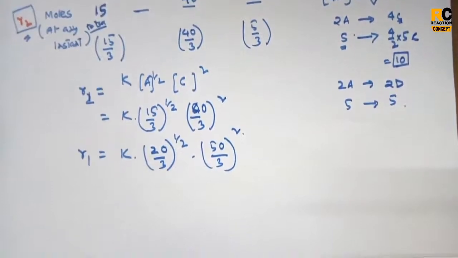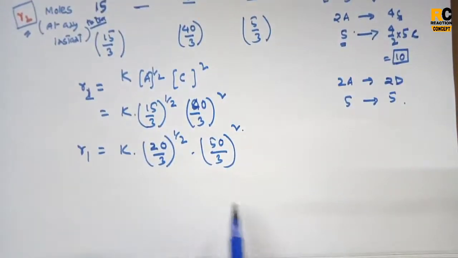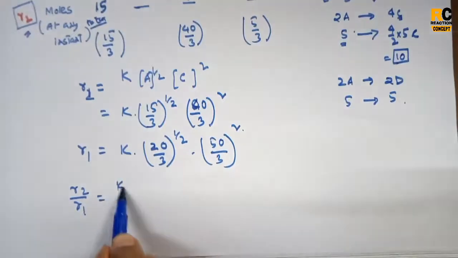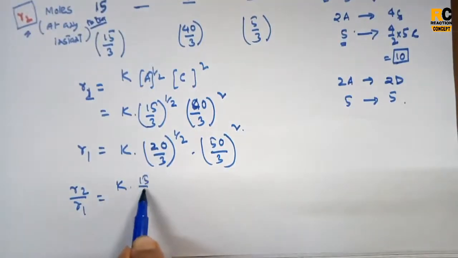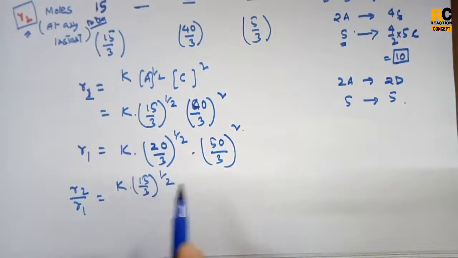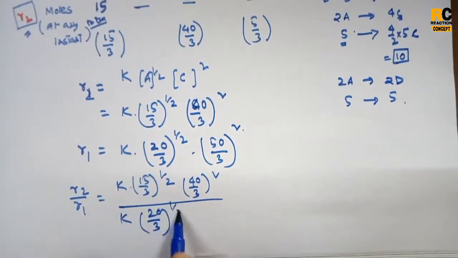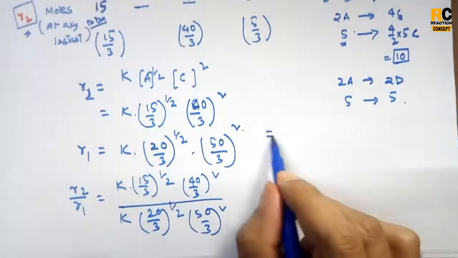Okay. So R2 divided by R1 would be K into (15 by 3) to the power half into (40 by 3) square, divided by K into (20 by 3) to the power half into (50 by 3) square.